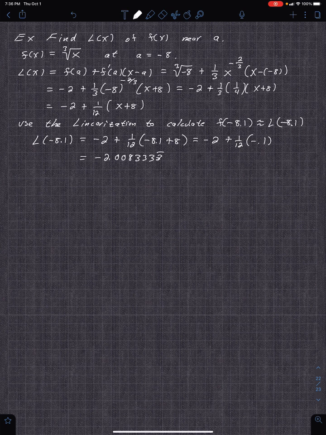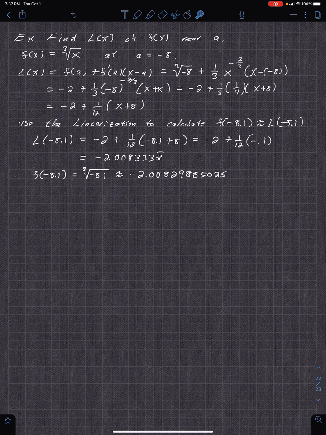All right, so now using your calculator, this is what we have, but this is to verify the concept. Let's go ahead and calculate the cube root of negative 8.1. So on your calculator, you'll get negative 2.0082988, and then 8, 5, 0, 2, 5.